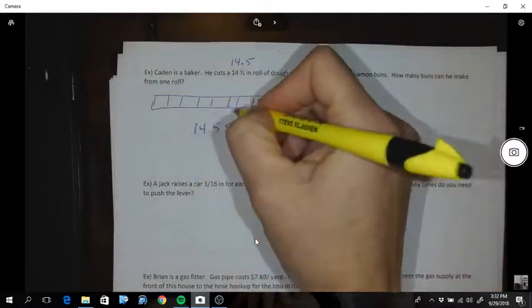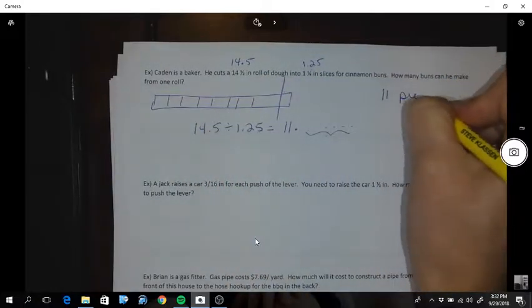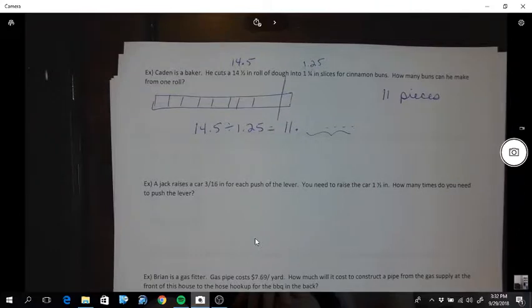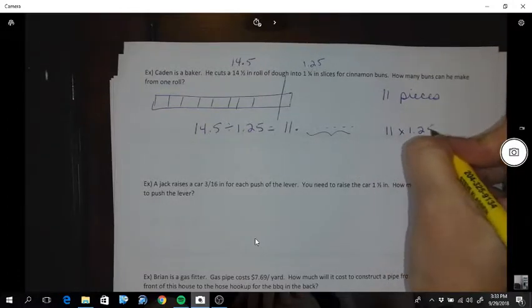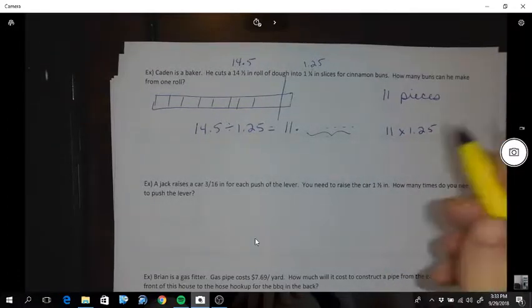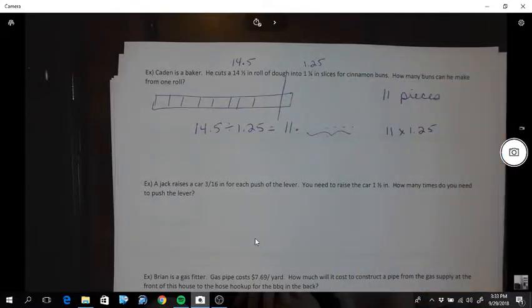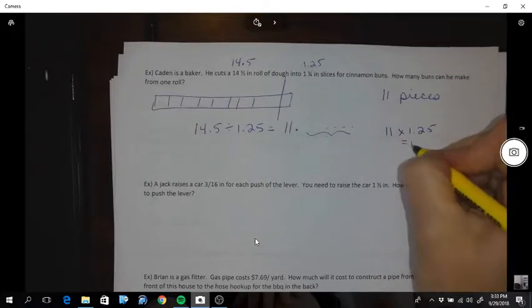Okay, so you can only make 11 pieces. I'm going to make you extend this problem. How much is left over? So here's what we're going to do. If you make 11 pieces and each is 1.25, how much dough did you use? So 11 times 1.25 is 13.75.